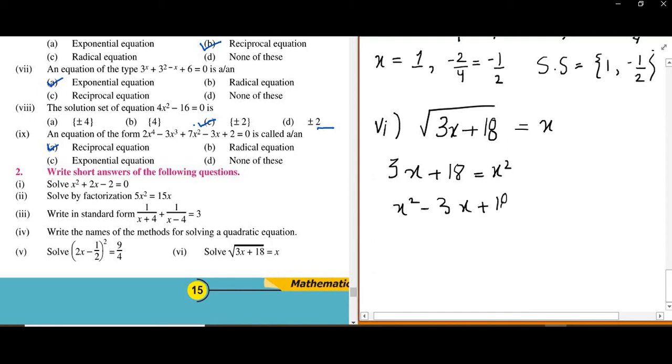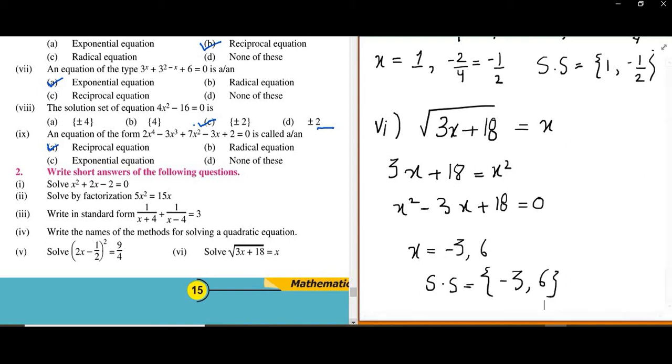This is a quadratic equation. Just apply the formula, or you can do this by factorization. The factors are 6 and 3, because ac is 18. Minus 6 plus 3 are the factors. You will get 6 and minus 3. You can also apply the formula. So the solution for this is minus 3 and 6. Just do this by yourself. It is very simple.